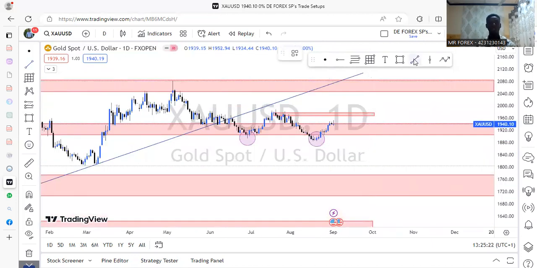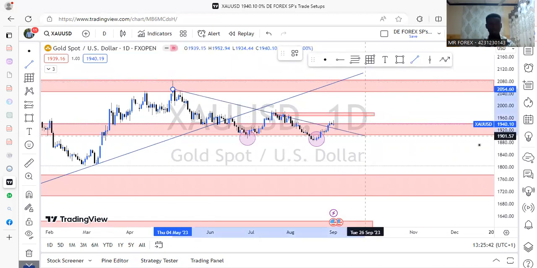You can't just make analysis on DXY and say, since you are expecting it to push up before it sells, you just come here and sell gold because you know that when the push up is occurring, gold is going to sell. So let's also pay attention to the current trend and see if it aligns.